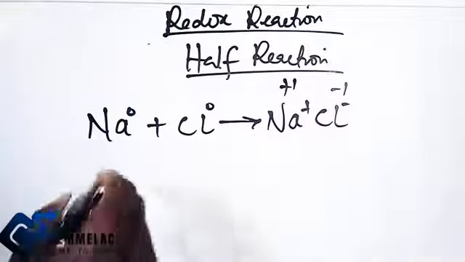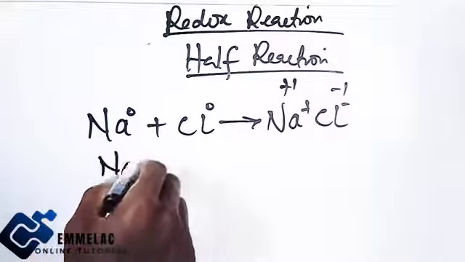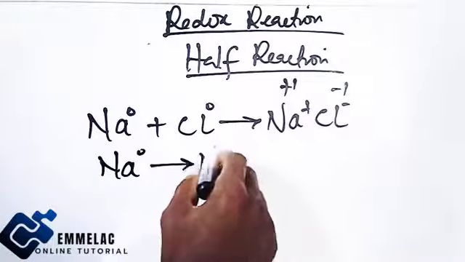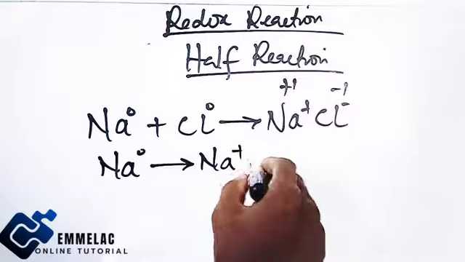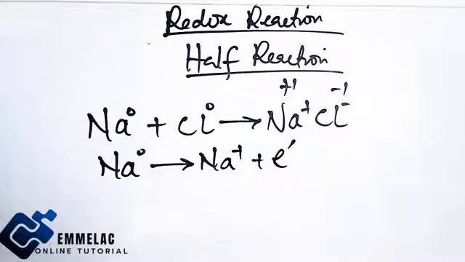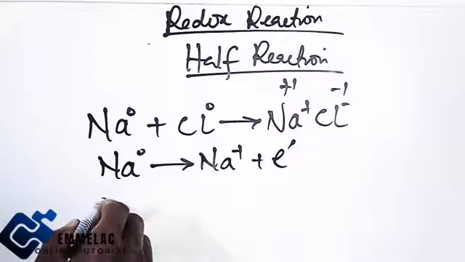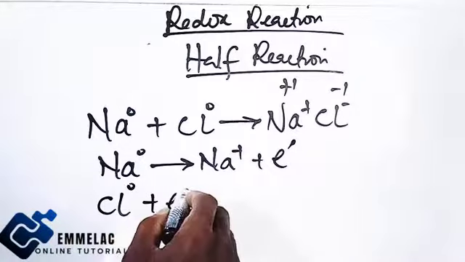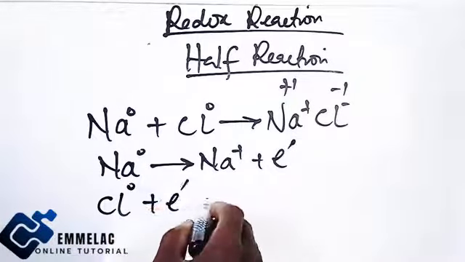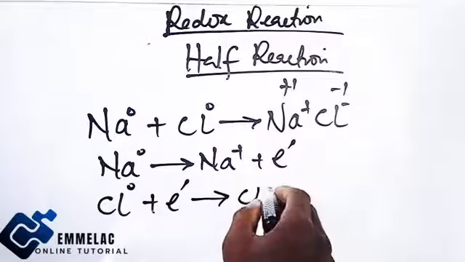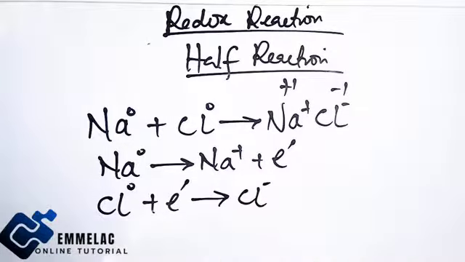Okay? Now, sodium here, 0, now becomes sodium positive plus electron. Now, chlorine here, 0 plus electron, accepting electron to give you chlorine negative.